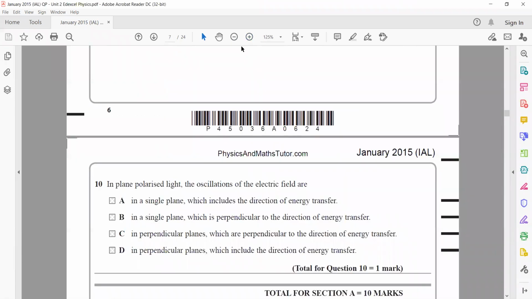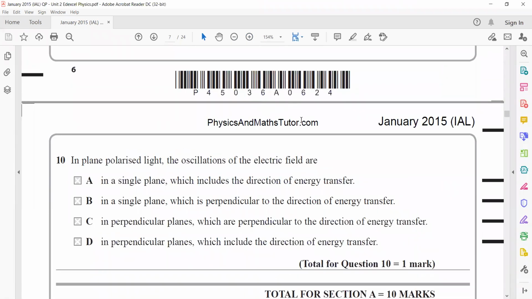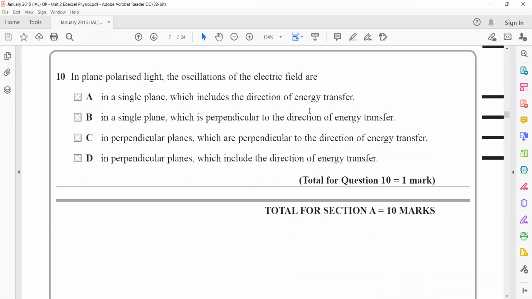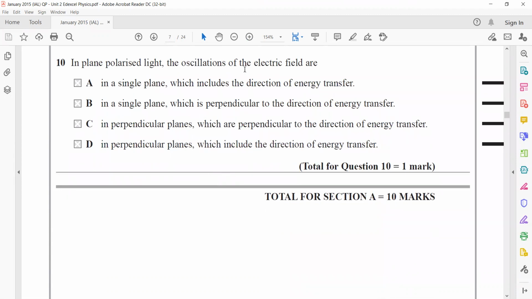Question 10. In plane polarized light, the oscillations of the electric field are... So what is polarized light? Light which has a single plane of vibration.